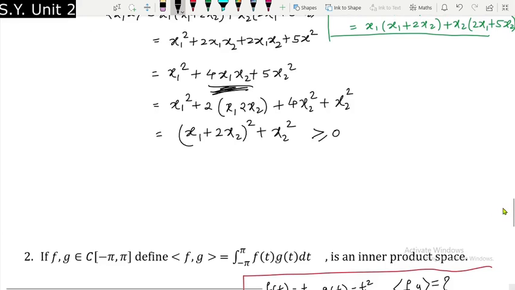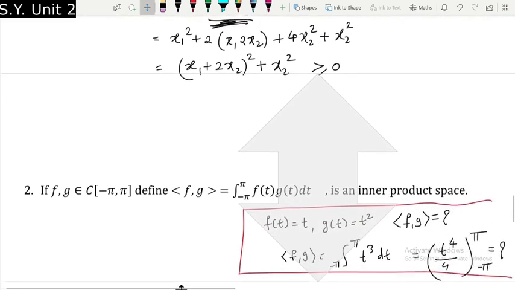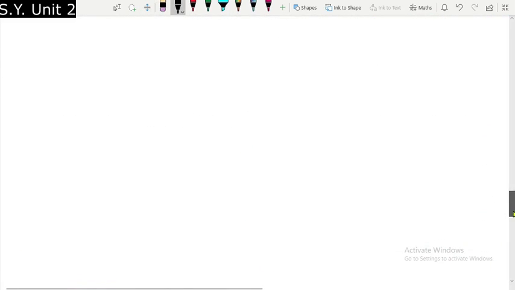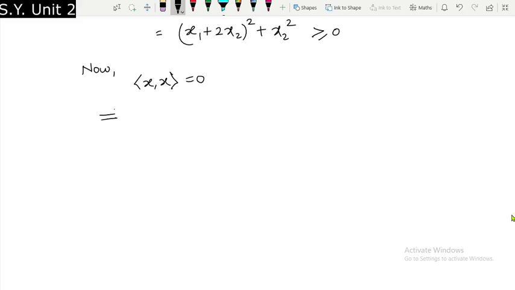Now we have to show that the inner product of x with x is equal to 0 if and only if x is equal to 0. So I will say the inner product of x with x is equal to 0 if and only if, since the inner product of x with x is nothing but (x1 plus twice x2) square plus x2 square, equal to 0 if and only if, now both are square terms, in the sense both are non-negative terms, so the sum will be 0 if both are 0.